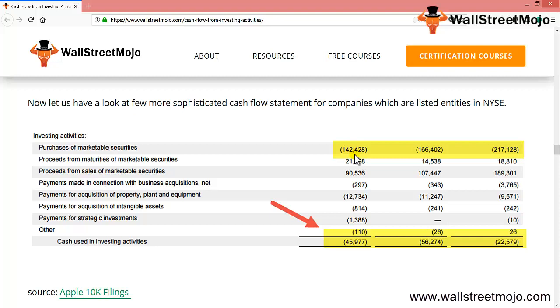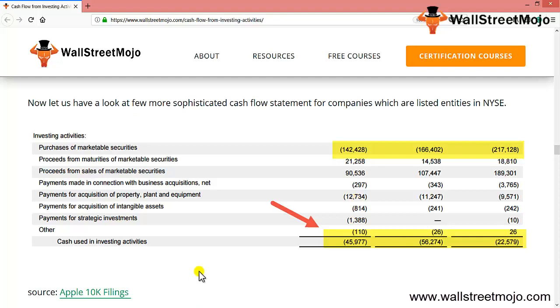Apple sold its marketable securities, generating 90,536 billion in cash inflow. In addition, Apple invested in the acquisition of property, plant and equipment, which is quite visible over here. It's negative. It was 11,000, now it's 12,000. So it is to the tune of $12.73 billion in 2015.